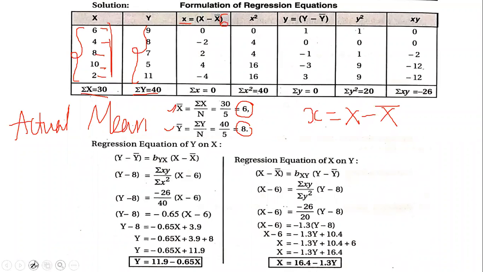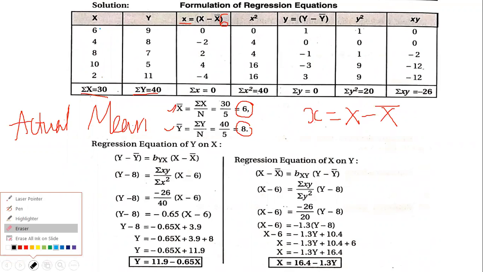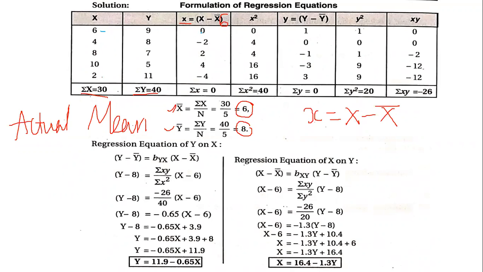So what do we have here? 6 minus 6, which is 0. 4 minus 6 is minus 2. 8 minus 6 is 2. 10 minus 6 is 4. 2 minus 6 is minus 4. So we get the deviation values here. And if you see, minus 2 plus 2 will get cancelled, 4 and minus 4 will get cancelled. So you get sigma x as 0.